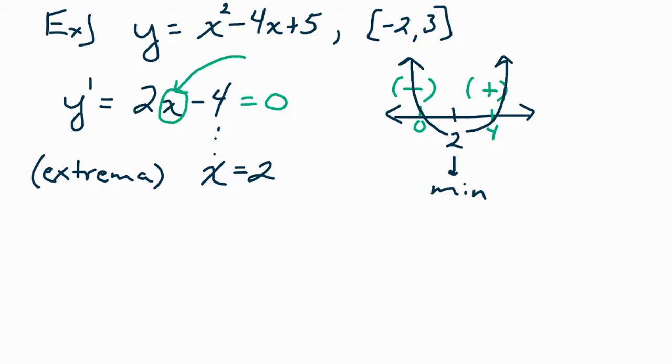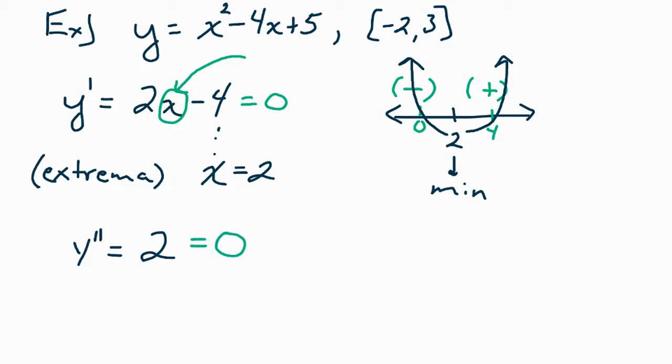Let's find the second derivative. The second derivative is kind of interesting because it comes out to just be 2. What does this mean for the concavity? And what does this mean for the inflection point? Well, let's still set it equal to 0, because that's always your next step.